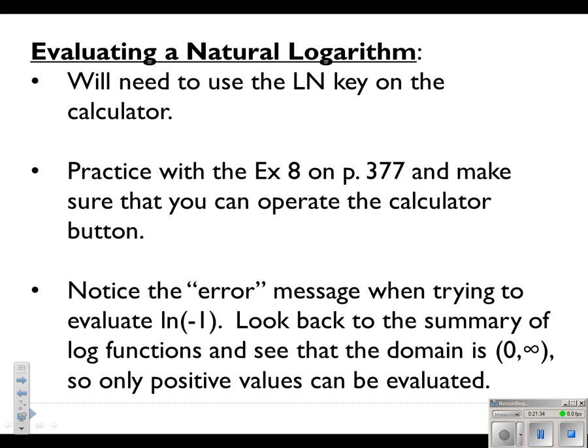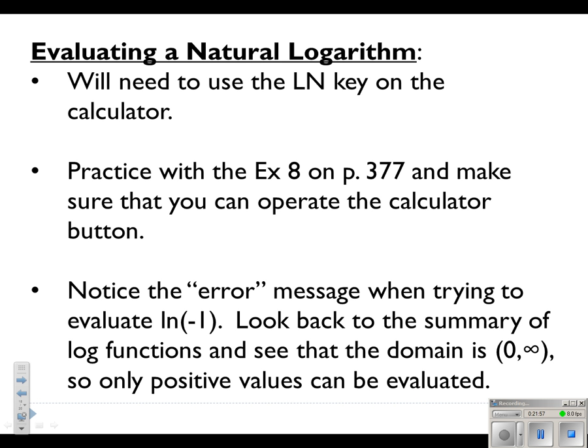Now notice the error message. You can see that on their letter C in example number 8. When we put in negative 1, that was the one that resulted in that error message. Look back to the summary of log functions and see that the domain is 0 to infinity.